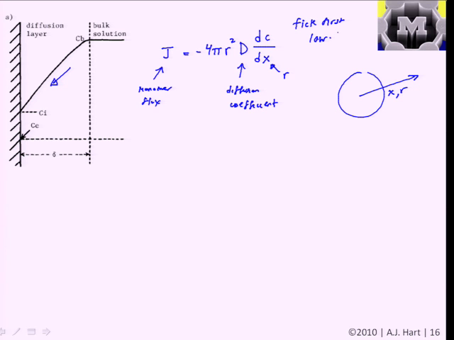So if we want to quantify how much monomer is crossing this layer when we have a certain concentration gradient across it, we can integrate from the position r to the position r plus delta.